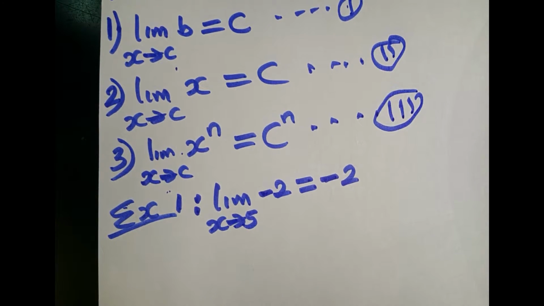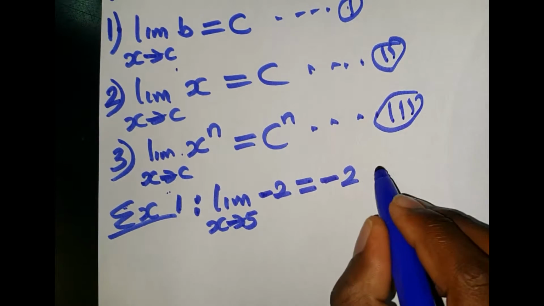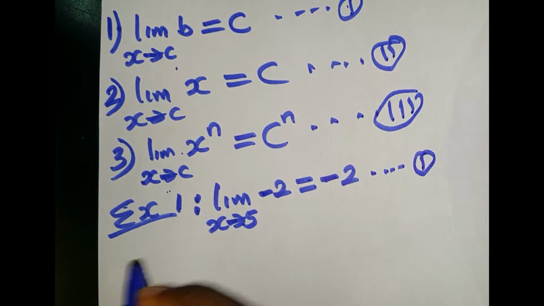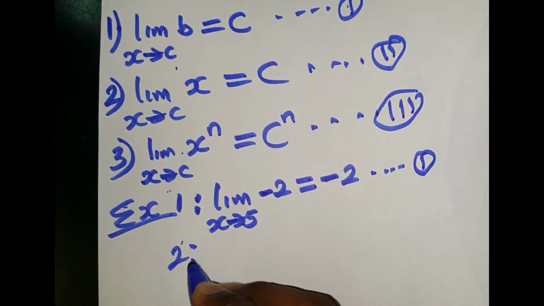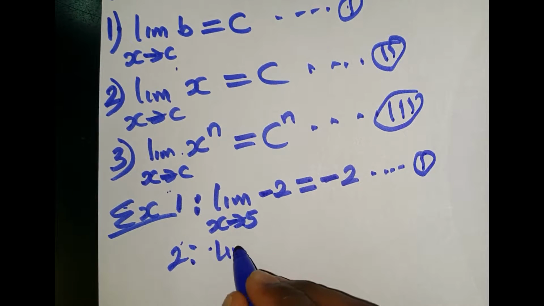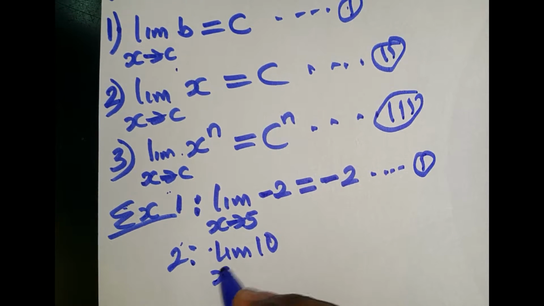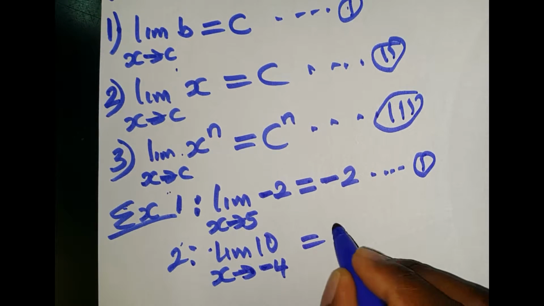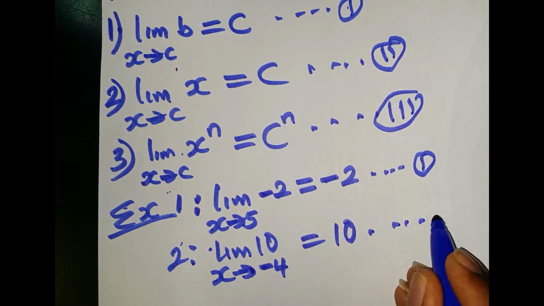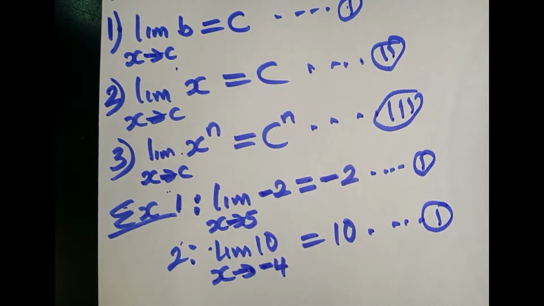So it will be minus 2 from equation 1. Like the second example, if we have the limit of 10 when x tends to minus 4, our result will be 10, still from 1, and so on.